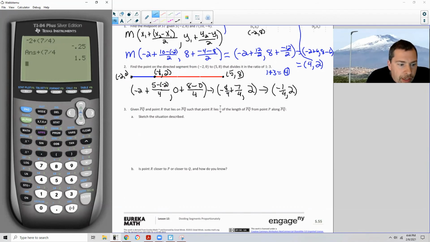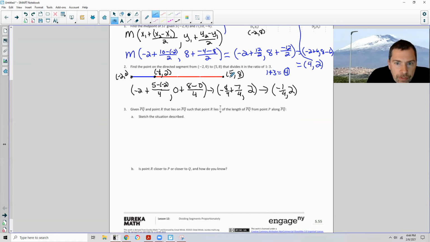And then if I take 1.5 plus 7/4 again, then it would put me to 3 1/4, comma 6. And then one more time, add 7/4 to the x value, and it would bring me to 5. And there's 5. Add 2 to my 6, and that would bring me to 8.